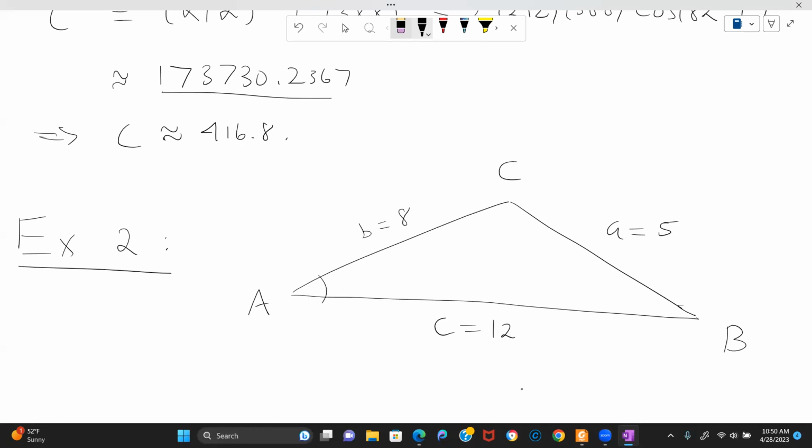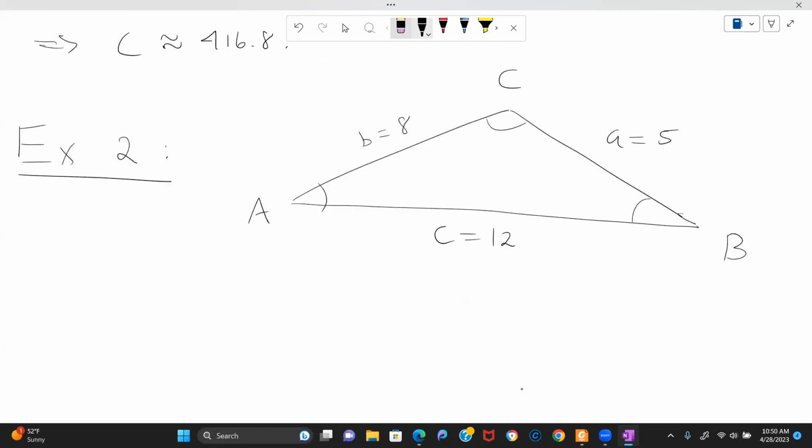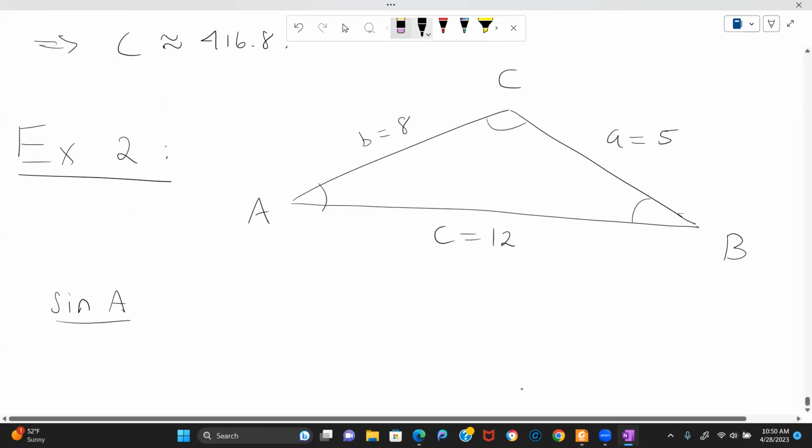So we don't know any of these angles, but we know all the side lengths. Let's just write this down and see why it's not going to be helpful. So sine of A over A, which in this case is 5, sine of B over B, which is 8 in this case, is equal to sine of C over C, which is 12.